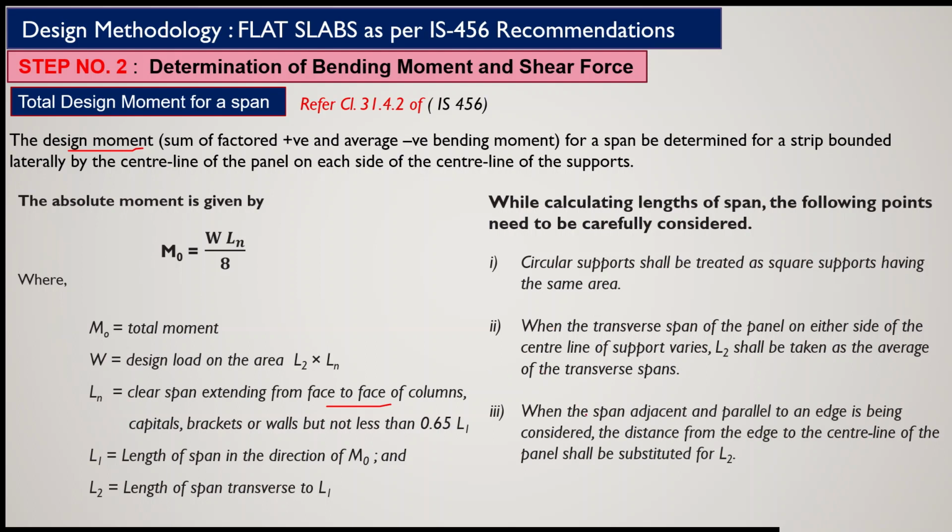Point number 3: when the span adjacent and parallel to an edge is being considered, the distance from the edge to the center line of panel shall be substituted for L2. I am not focusing on these second and third points because, to avoid confusion, we will be discussing them in detail when we solve a numerical problem, that is a design problem.